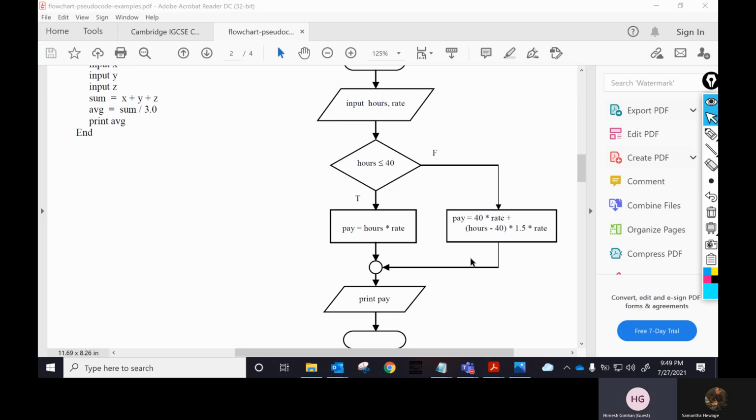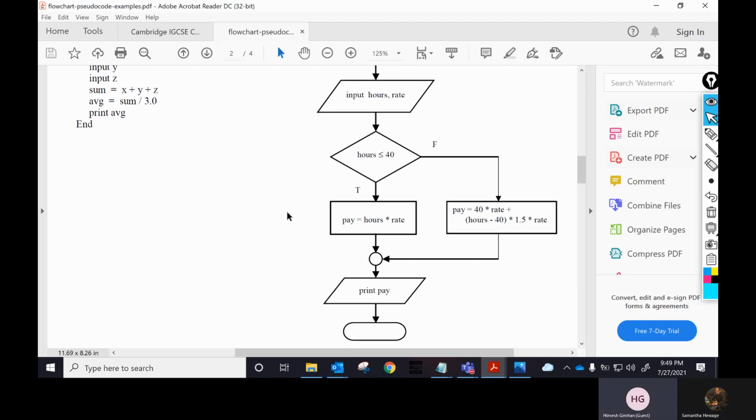So when writing the pseudocode, you can use "then".